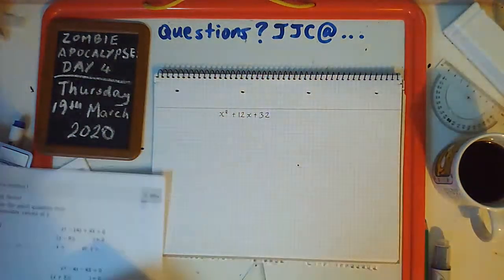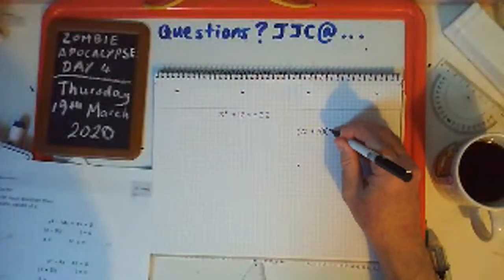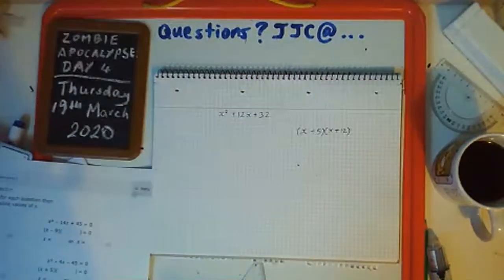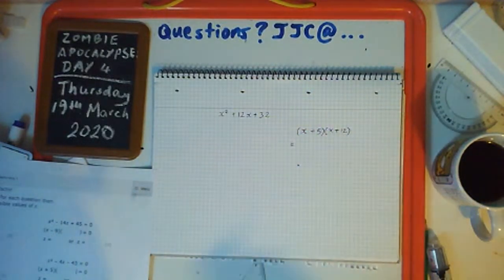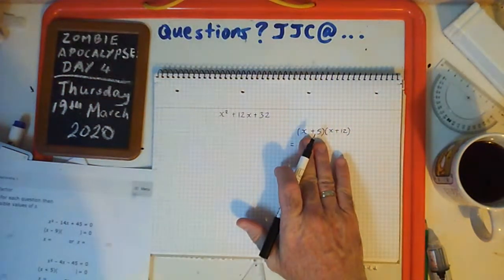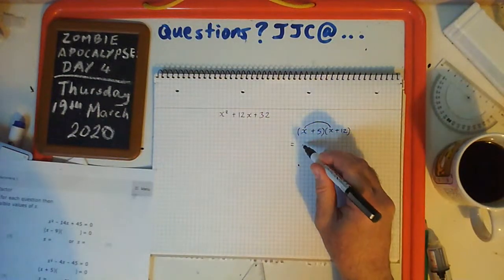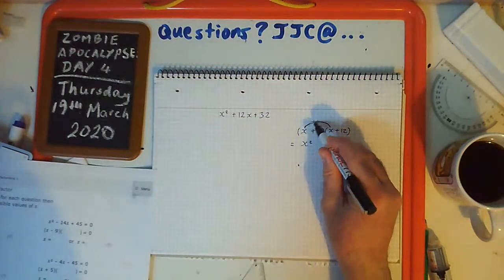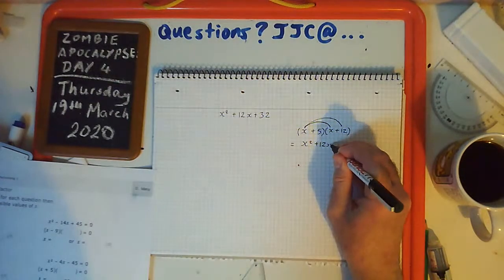Now I'm just going to remind you about multiplying x plus 12 times x plus 5, randomly chosen brackets. If you want to multiply those brackets out so that you're writing something that doesn't involve brackets, you multiply everything in the first bracket by everything in the second bracket. So x times x gives you an x squared. x times 12 gives you 12x.